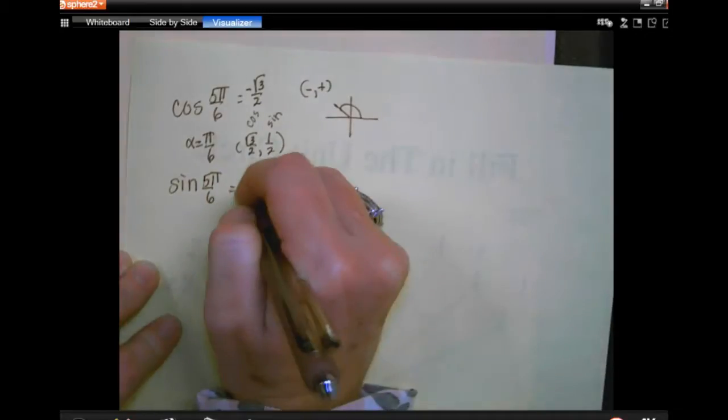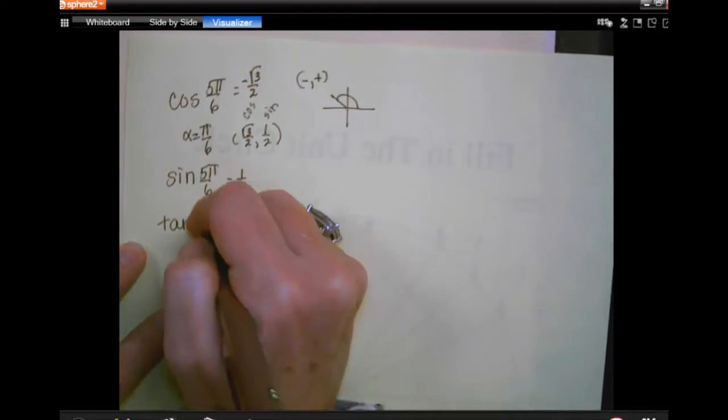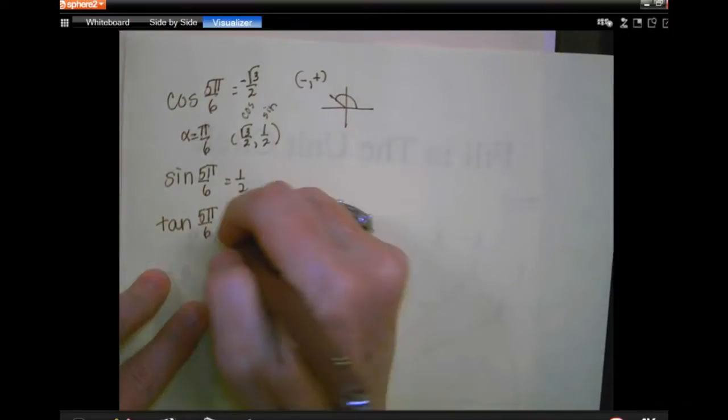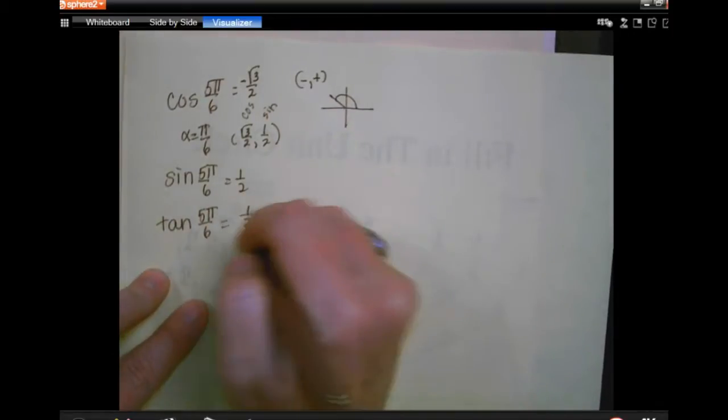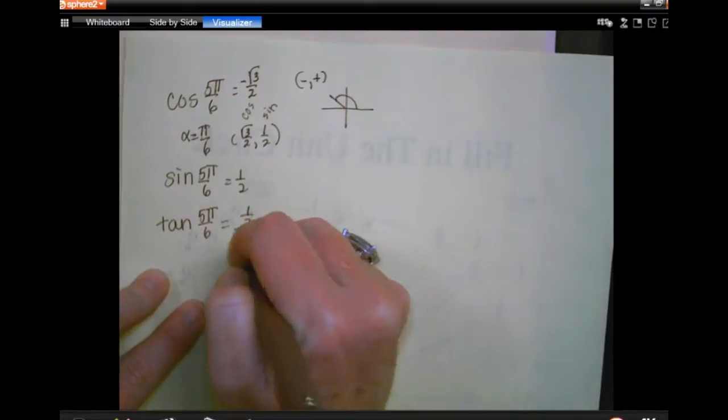What is the sine of 5 pi over 6? 1/2, because the sine is positive. What is the tangent of 5 pi over 6? So the tangent is sine over cosine, right? So the sine is 1/2, and the cosine is negative square root of 3 over 2.